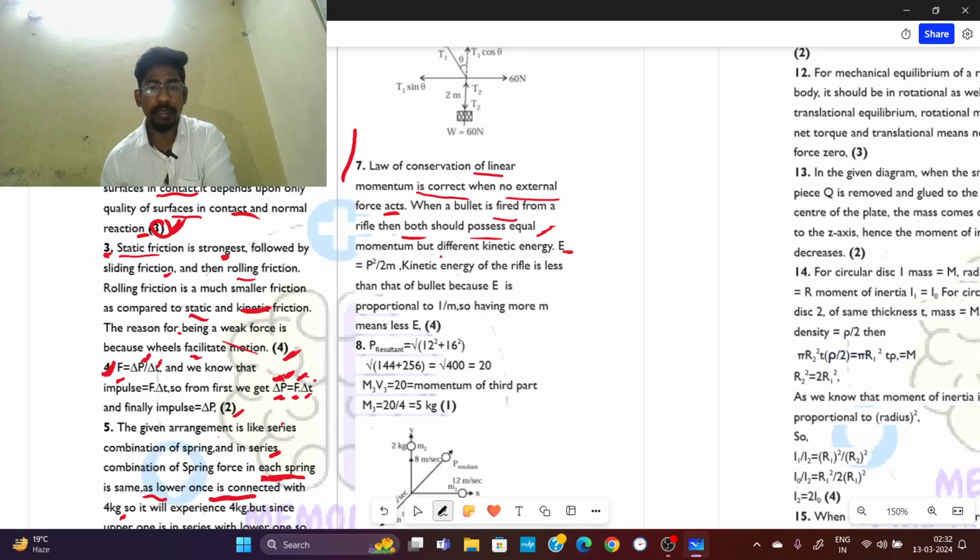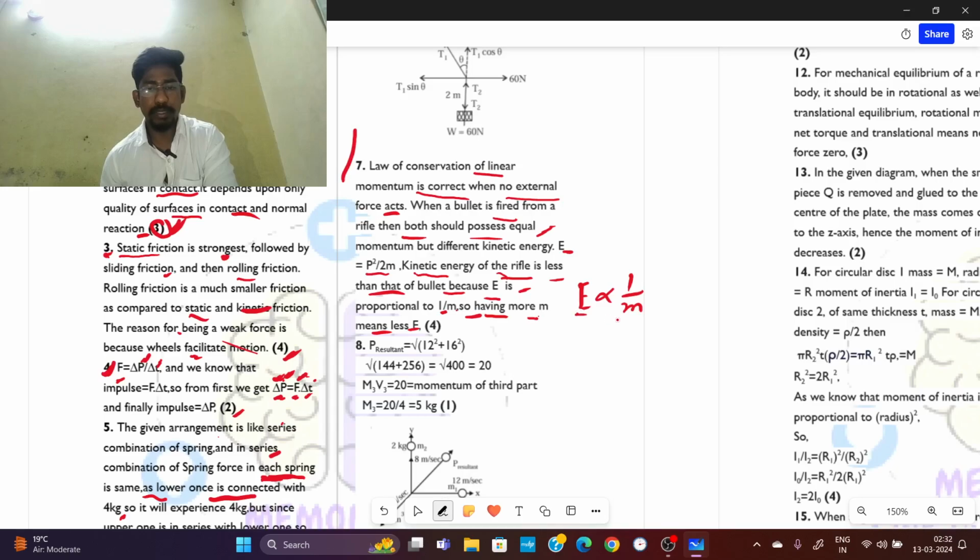The relation between kinetic energy and momentum is E equals p squared by 2m, or you can say p equals root over 2mE. The kinetic energy of the rifle is less than that of the bullet, because the kinetic energy is proportional to 1 by m. Having more m means less E. You can see E is proportional to 1 by m, right?